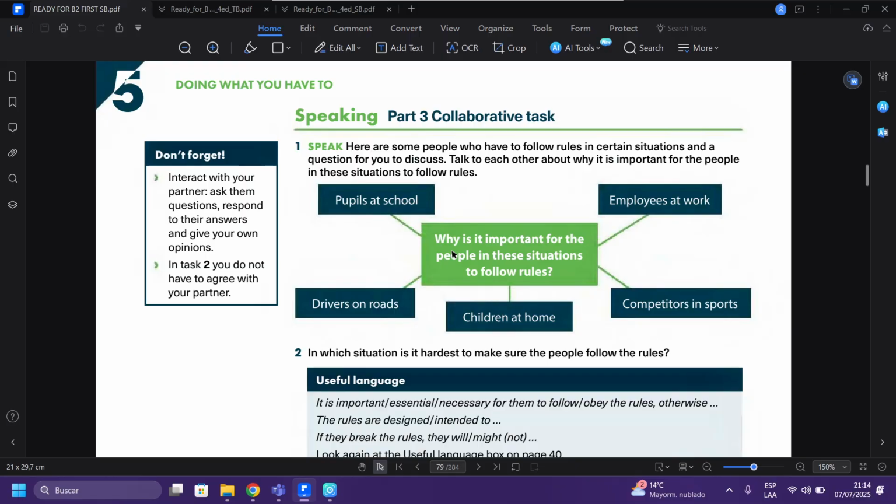Now you have 1 minute to reach an agreement about this. In which situation is it harder to make sure that people follow the rules? 1 minute. Okay, I agree with Darwin about pupils at the schools. Totally agree, because the pupils at school don't follow rules. They don't respect each other. They don't have discipline, and the students don't have good grades.